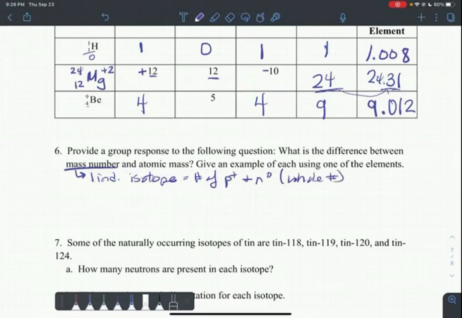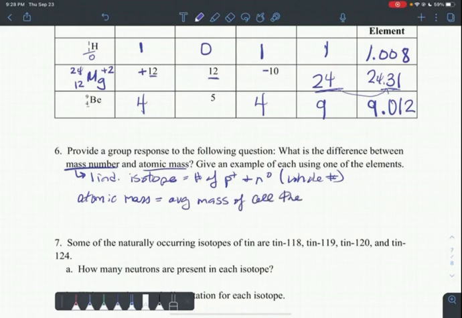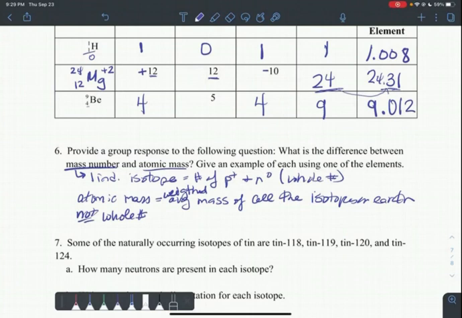But when you talk about atomic mass, it's the average mass of all the isotopes. It's really the weighted average mass of all the isotopes. So it's usually not a whole number.